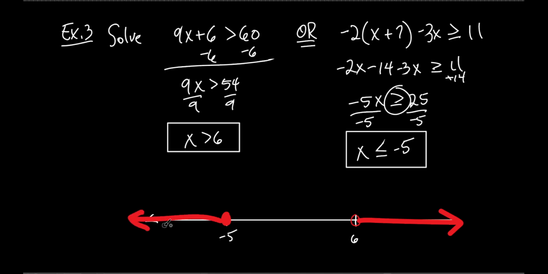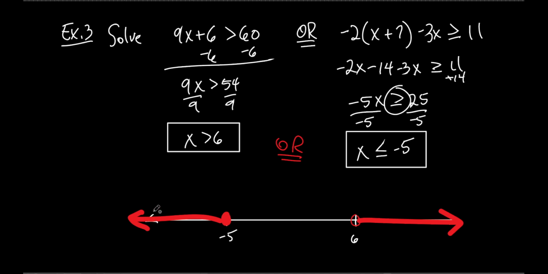That way. That right there is a union. So our answer is both of these things. x is greater than 6 or x is less than or equal to negative 5. But you need to include both of those. That means my value for x could be anything to the right of 6 or negative 5 and everything to the left of negative 5.